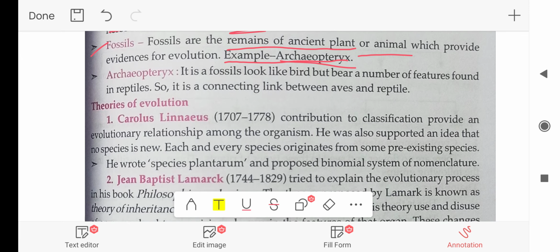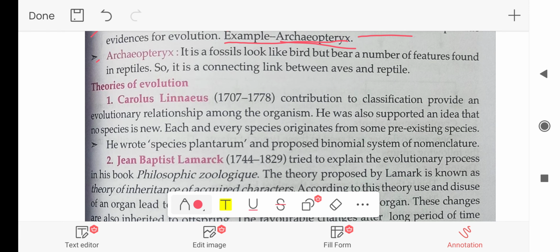Archaeopteryx is a fossil. It looks like a bird, but bears a number of features found in reptiles. So it is a connecting link between aves, that is birds, and reptiles, because it looks like a bird but bears a number of features found in reptiles.